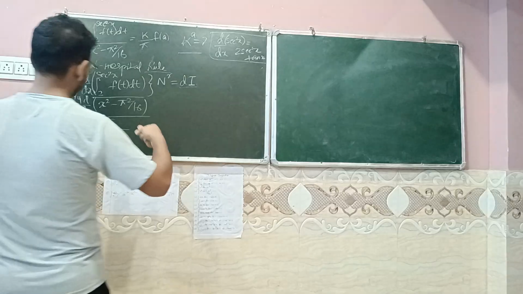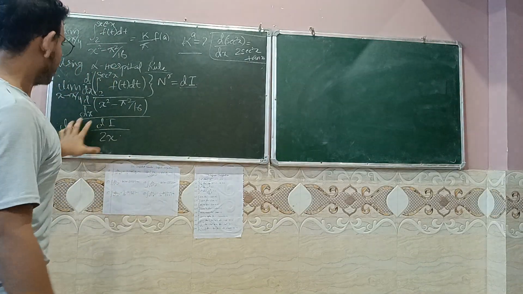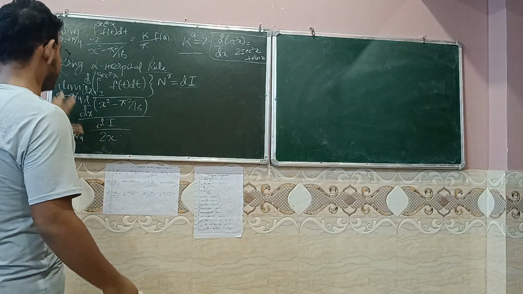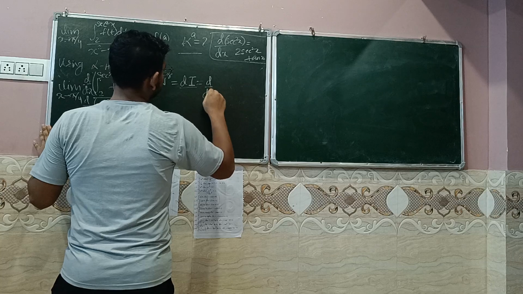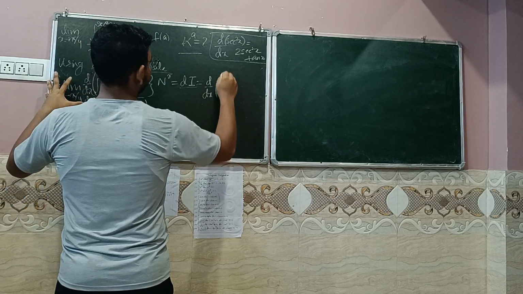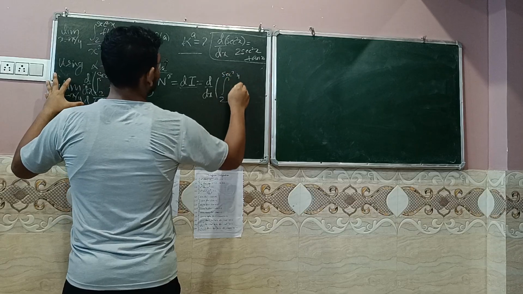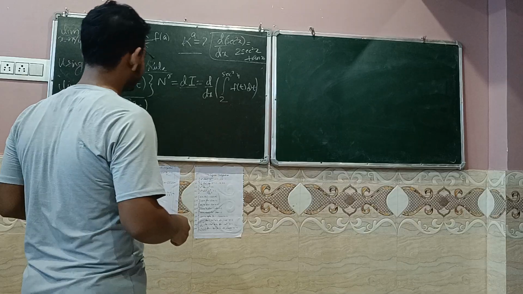So just pause it for some time, and I'm going to compute this thing that I took right here, the integral from 2 to sec square of x of f(t) dt.